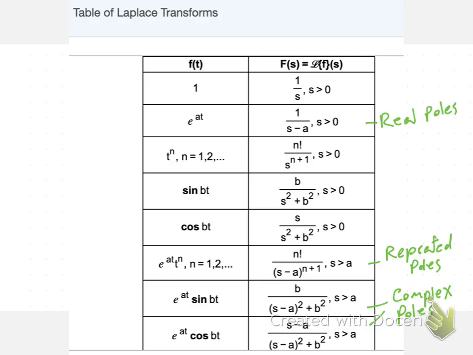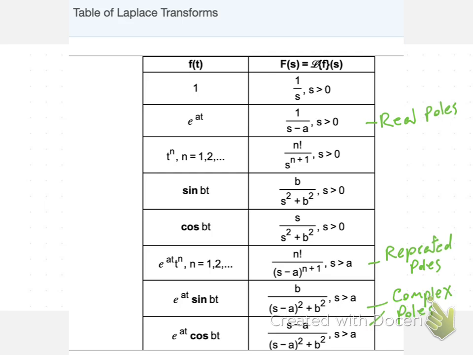Once you start repeating, you're going to be using this equation where it's e to the at times t to the n, where n is represented by how many times you've raised the power. So n would be equal to 1 for our example because we only had 2 repeated poles. It starts to increase depending on how many times you have a pole at the same spot.